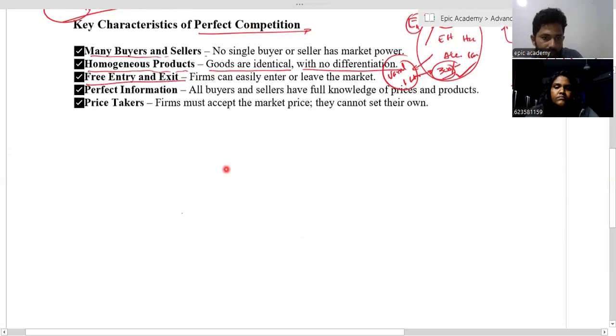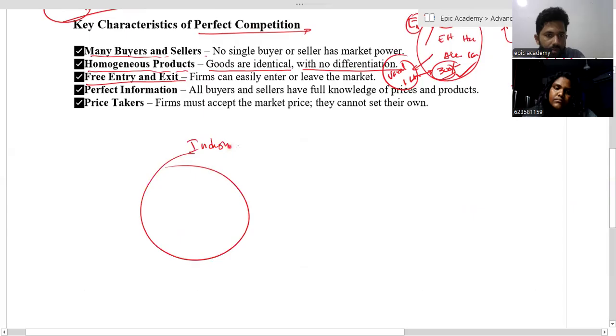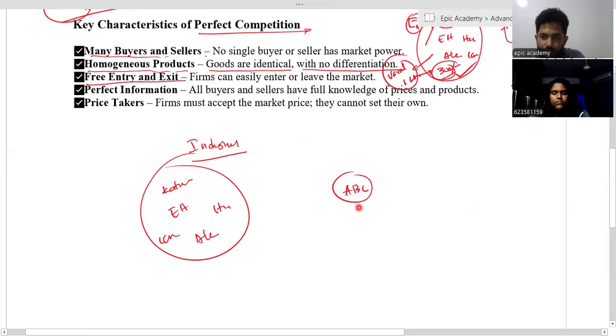Free entry. This is the industry. We call it the ice cream industry. There are a few firms: Kotmale, Elephant House, Highland, Alaris, Cargill's. A new firm, we call it ABC ice cream, tries to enter the industry.